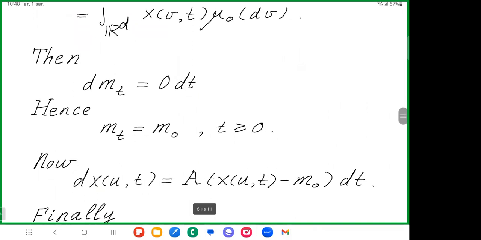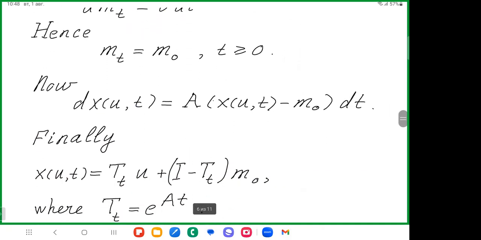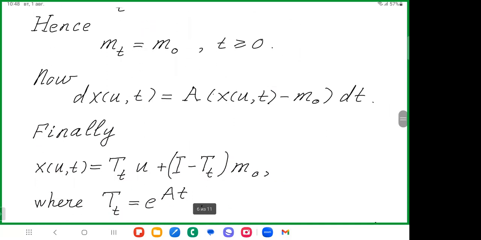And now we can finally get the formula for the solution. X(u,t) is equal to T_t u plus (1 minus T_t) m0, where T_t is the semigroup related to the matrix A. It is a trivial equation, but one can draw some conclusions from it.